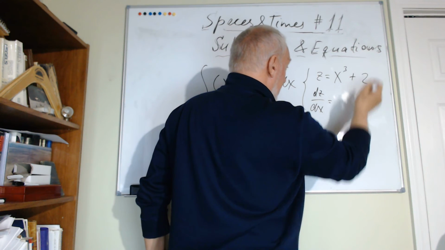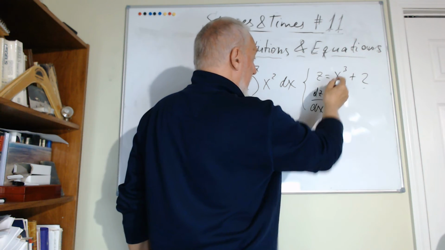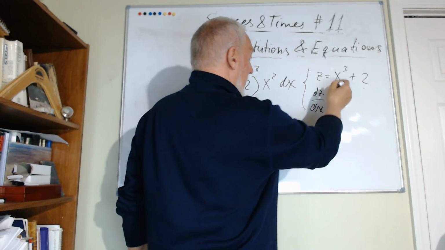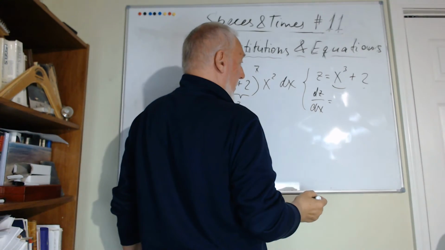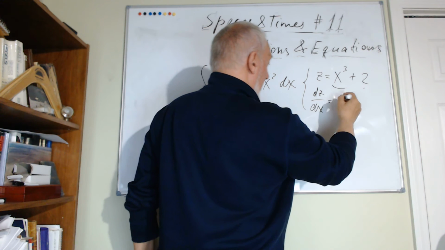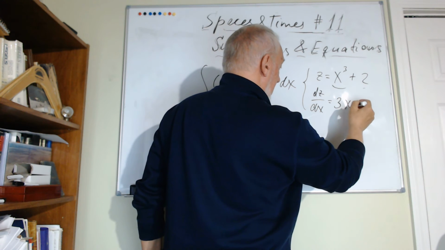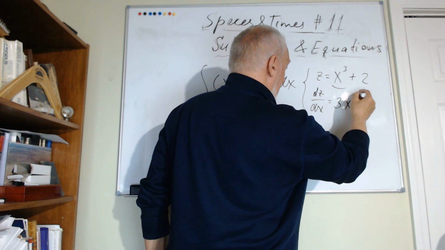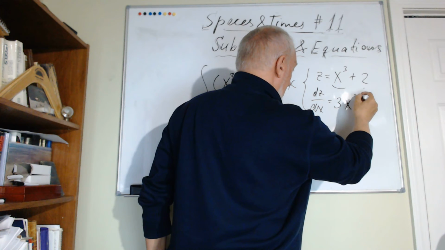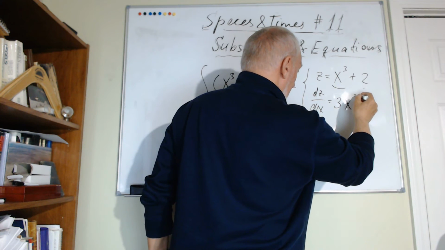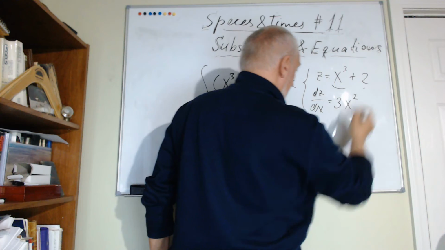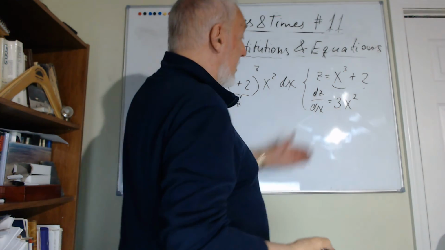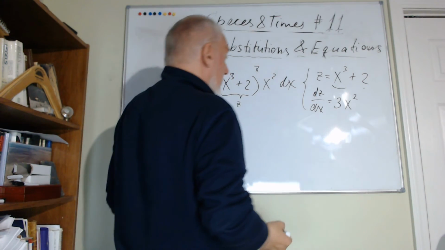The derivative of a constant is 0, and the derivative of x cubed is 3x to the power of 3 minus 1, which is 3x squared.